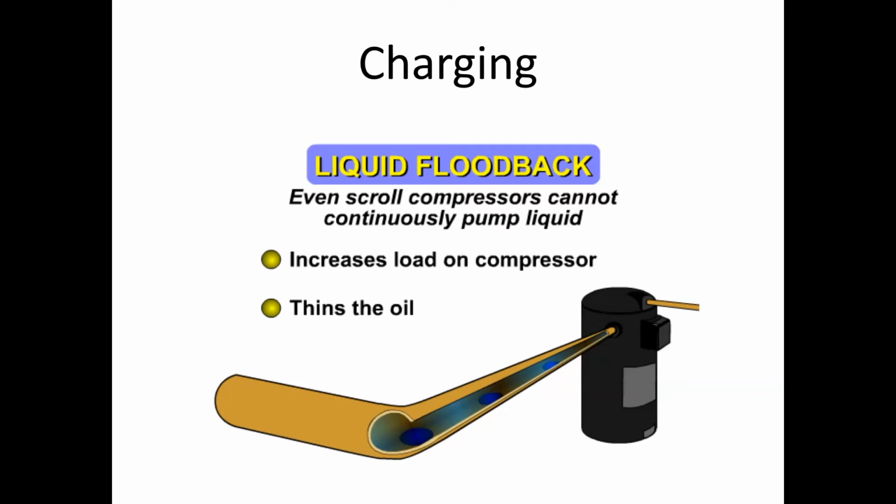So a failure mode that you might see on a scroll compressor that you traditionally hadn't seen in the past is that you might have a scroll compressor where the scroll plates break apart or shear off. And that is because liquid is going back into that compressor. And we should never have liquid flooding back into a compressor, right?